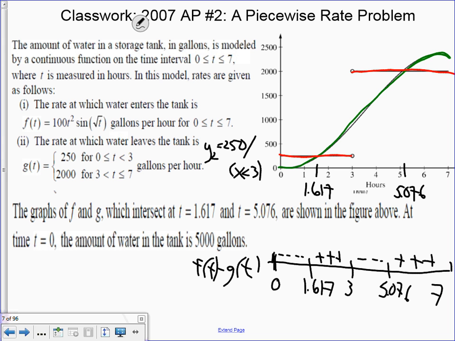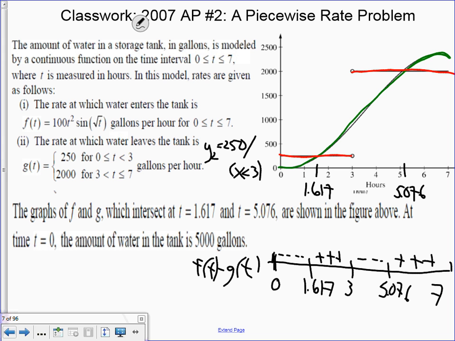Okay, but now we can answer this question. So as far as the interval where the amount of water is decreasing, we're going to state these intervals where it's negative. Now, you don't have to include where it's 0. When they intersect, it's 0. But I definitely would include 0 in my interval.